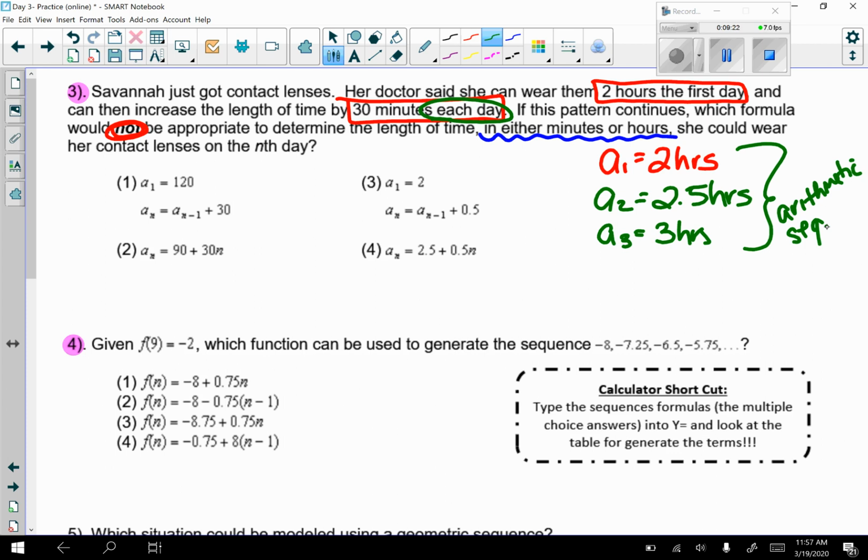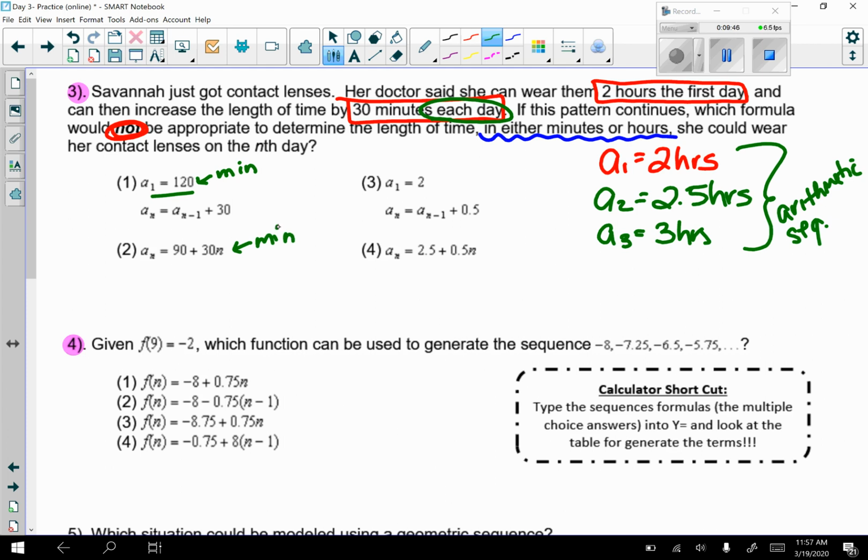So I'm going to go to choice 1. It says a sub 1 equals 120. I'm going to hold off on this because the 120 must be in minutes, so I'm going to wait on that. Choice 2, it says a sub n equals 90 plus 30n. So I'm thinking also this is probably in minutes, so I'm going to hold off on that and I'll come back to it.